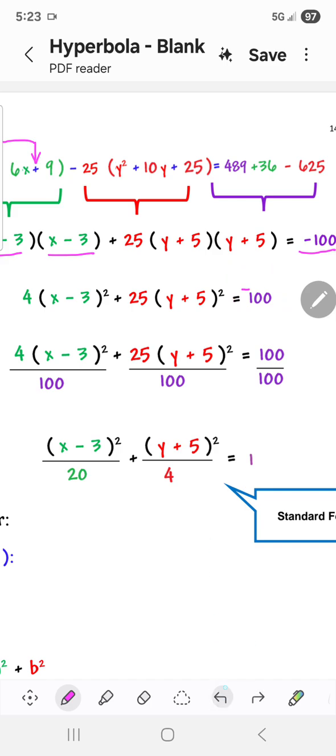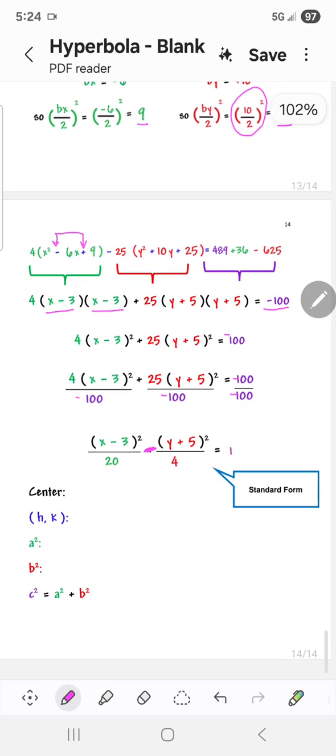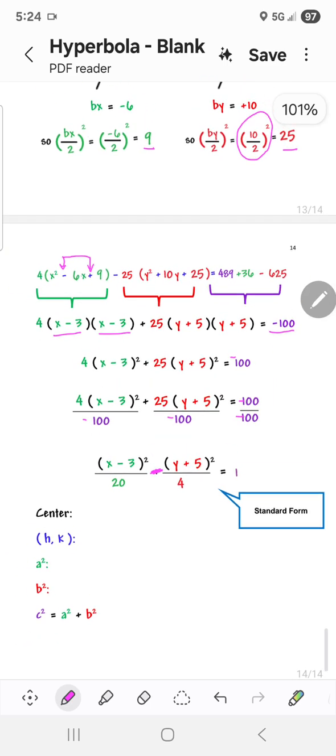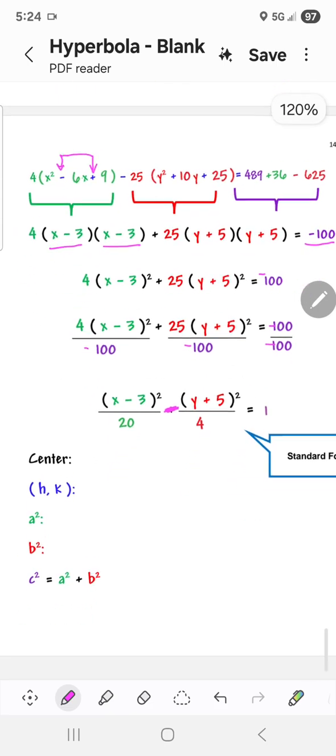To do that, I have to divide both sides by that negative 100. That will give me the positive 1 here, and we'll have our minus sign. So we'll have the standard form of the hyperbola.